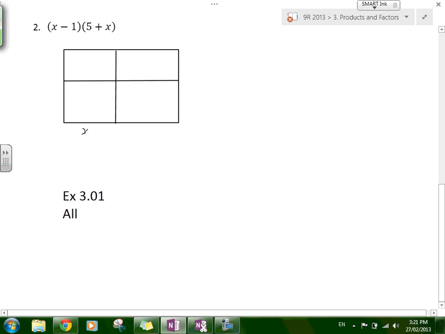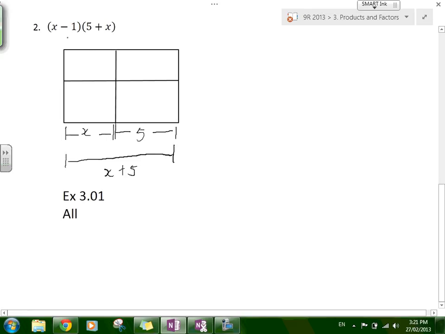If I call this distance x, from here to here, and I'm going to call this one 5, what's the total distance here? X plus 5, or 5 plus x, whichever you like. Let's say x plus 5.